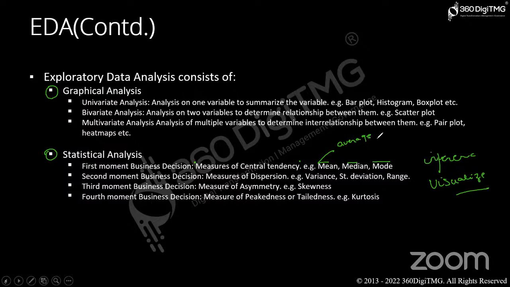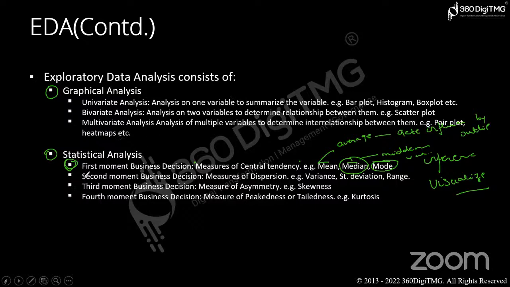But the drawback over here is that our mean or average gets influenced by the outlier. That is why we resort to median. Median is nothing but the middlemost value. And mode, when you have categorical data, we use it. And this is nothing but your most repeated value. That is all about your first moment business decision.